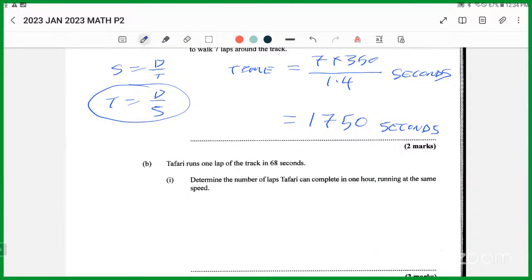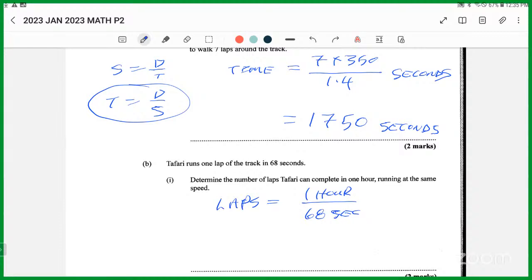The number of laps is going to be 1 hour of running divided by 68 seconds of running. I'm going to convert the 1 hour into seconds and divide.